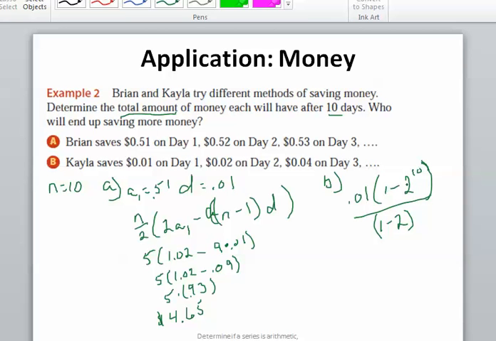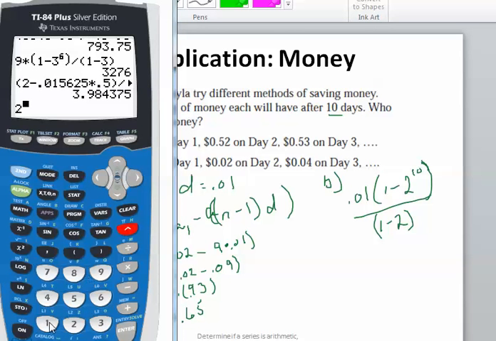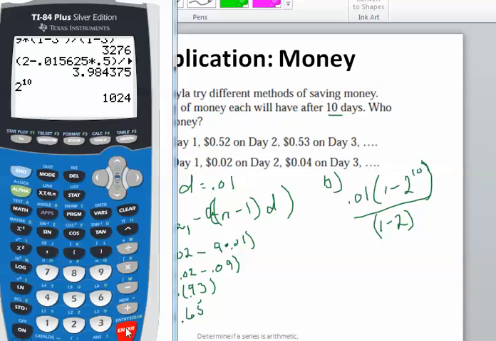Well, 2 to the 10th power, it shouldn't be that difficult. 2 raised to the 10th power gives me 1,024.